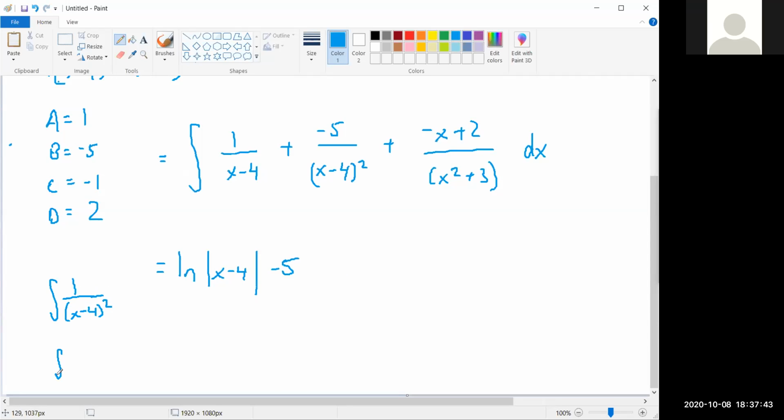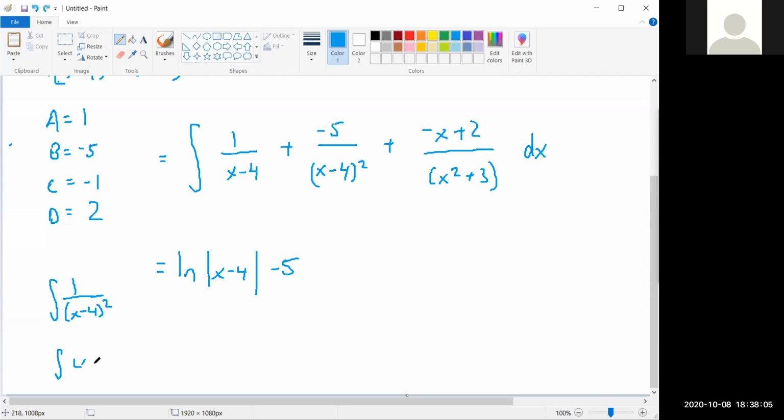Does anyone remember? U substitution or no? I mean, you could, but I think we can do without it. But if you were to do U substitution, you would just make the denominator 1 variable, right? Yeah, you could just rewrite it as a negative exponent.